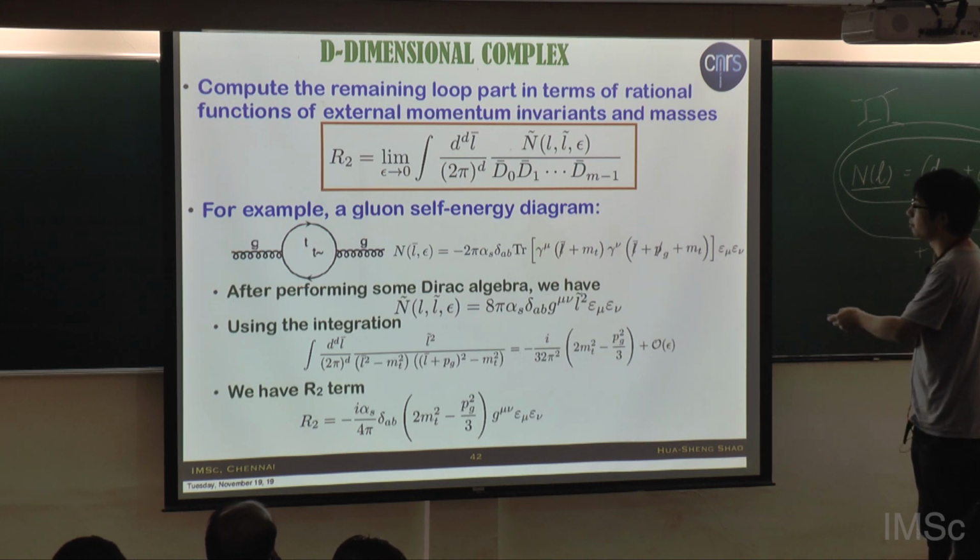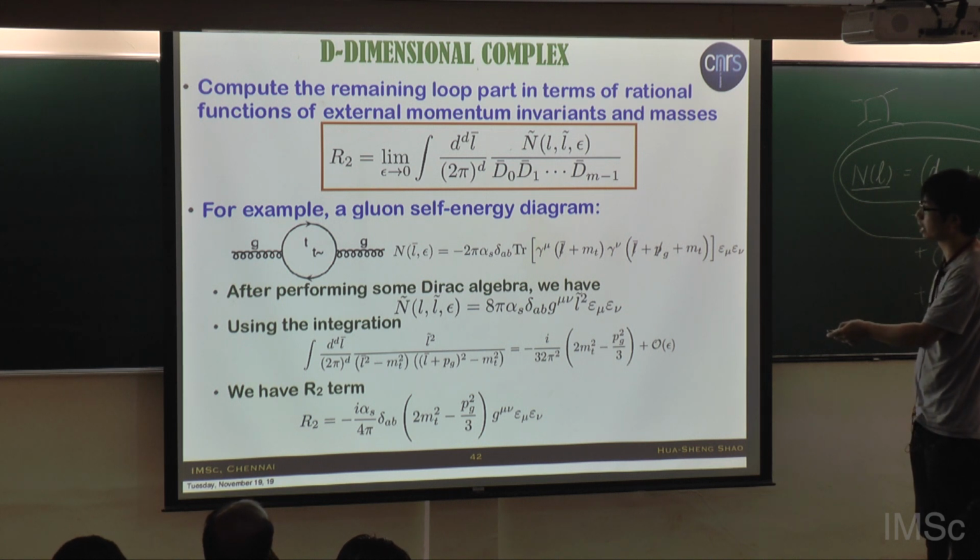So for example, if you calculate gluon to gluon with top quark, you can get the full numerator, and then performing algebra you can get the n tilde part, and the n tilde part only depends on L tilde squared.